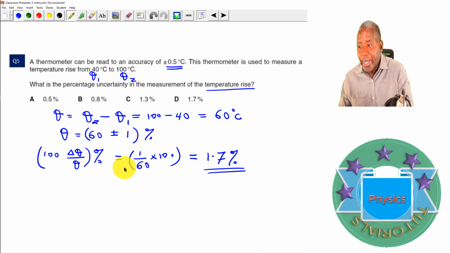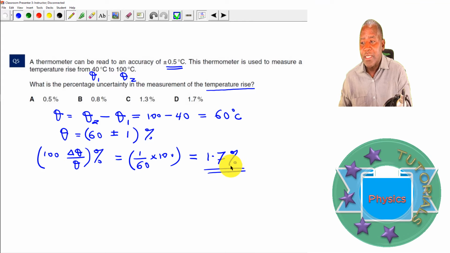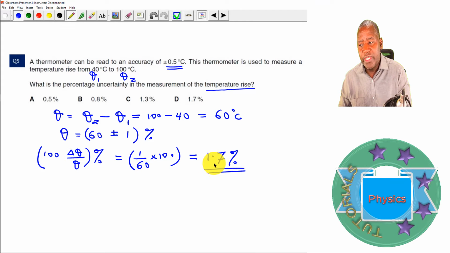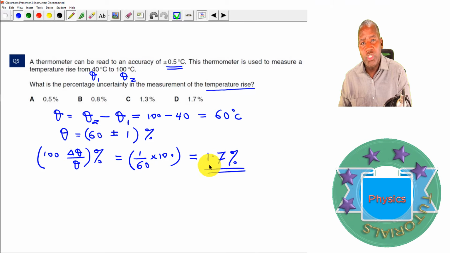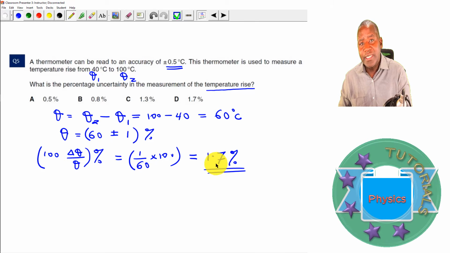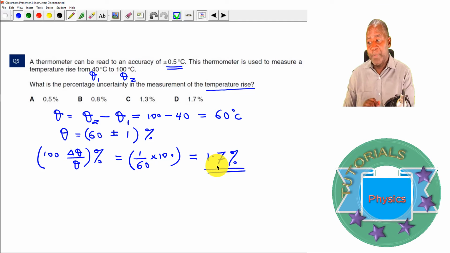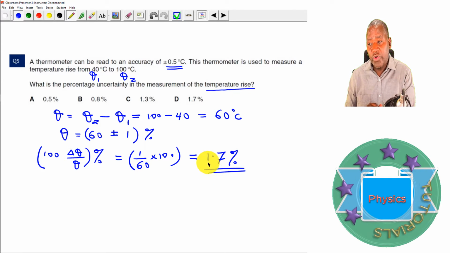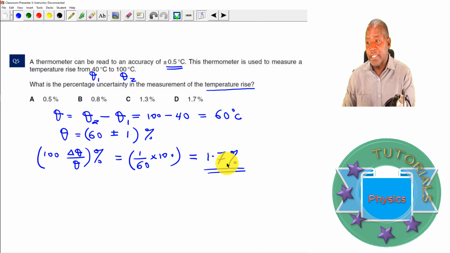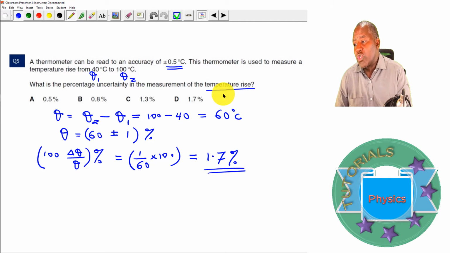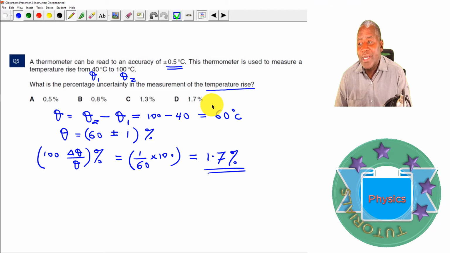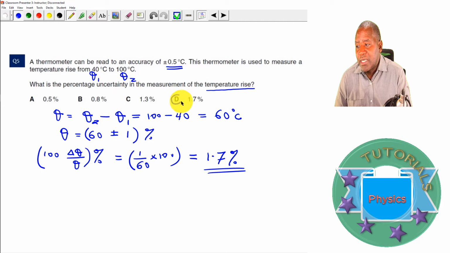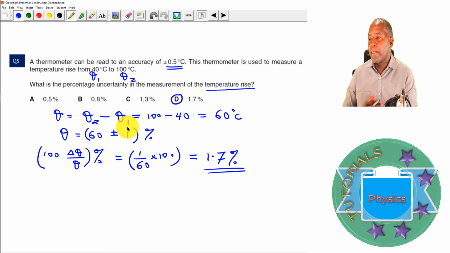We would go ahead and write this as 2%, to avoid the idea of having two digits here. So especially when it is absolute uncertainty, we avoid using two significant figures. But in this case, we've got no option other than to check what the examiner has given us, and you can see the closest answer is that one.